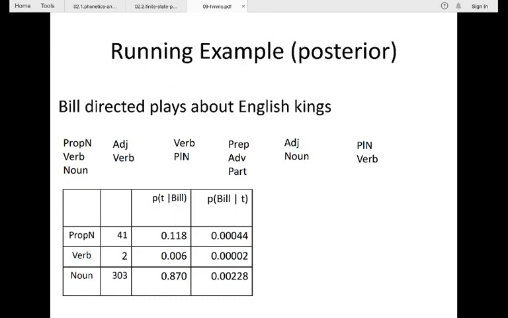Now, which of these is going to correspond to what? Given Bill, what is the probability that it's a proper noun? Or given a proper noun, what is the probability that it's Bill?